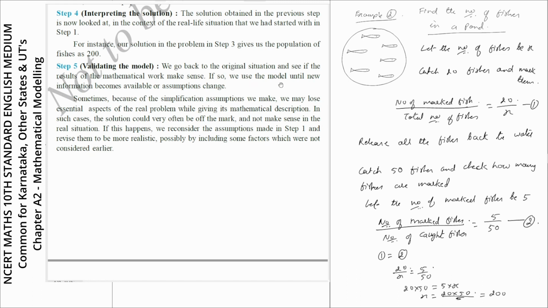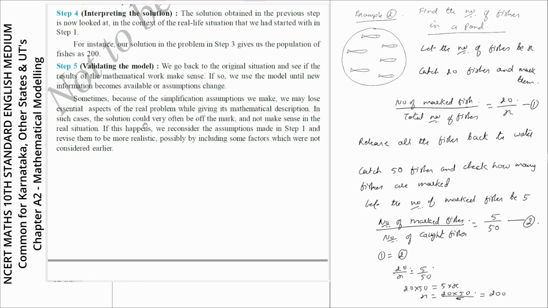If so, we use the model until new information becomes available or assumptions change. So whatever result we have got, it should make some sense. Okay, and if it's not making sense, that means our assumption could be wrong. Sometimes because of the simplification assumptions we make, we may lose essential aspects of real life problems while giving its mathematical description.